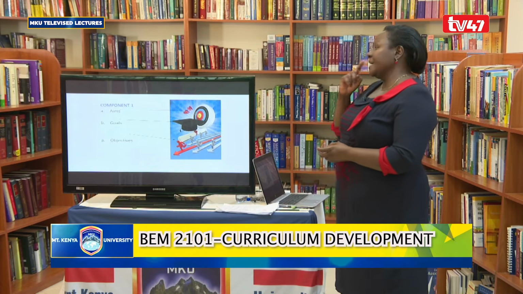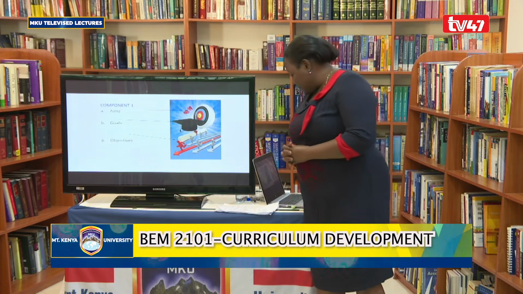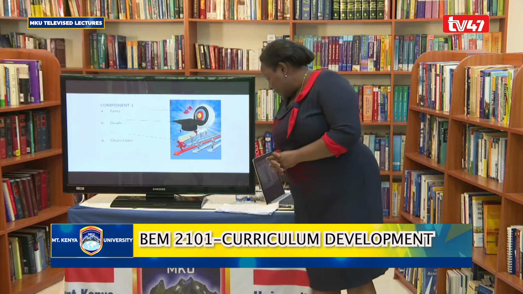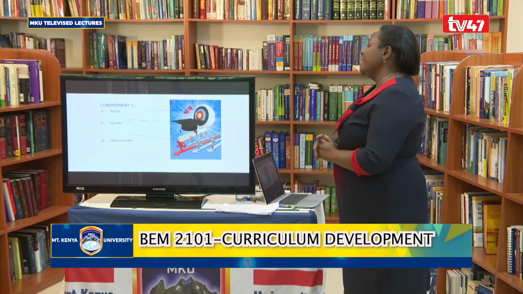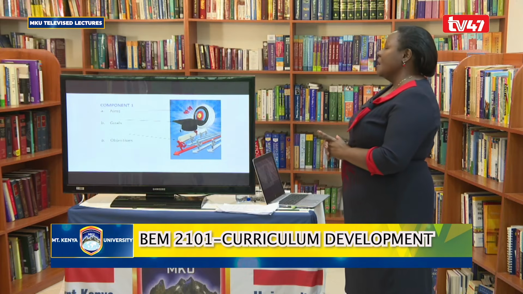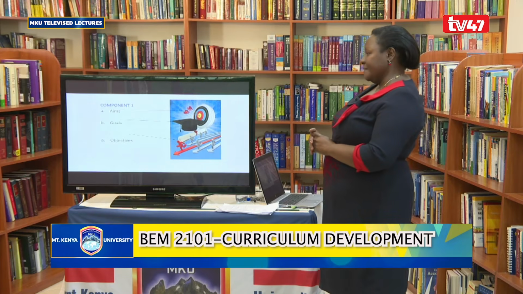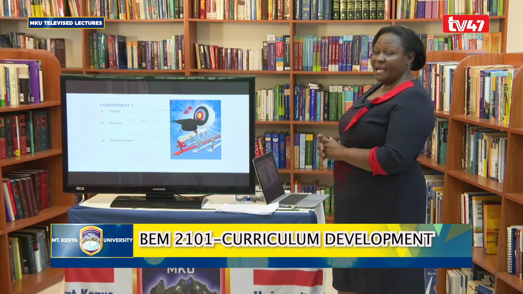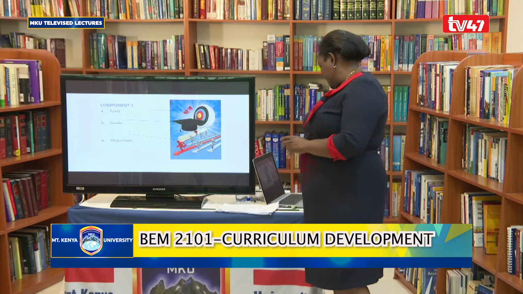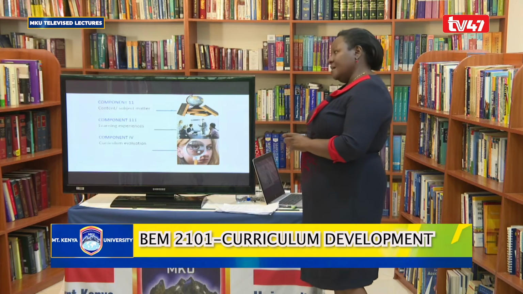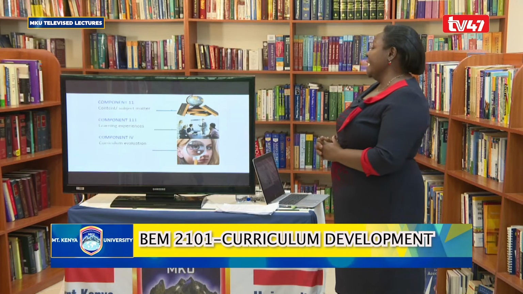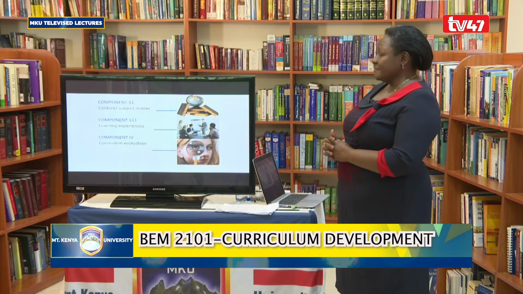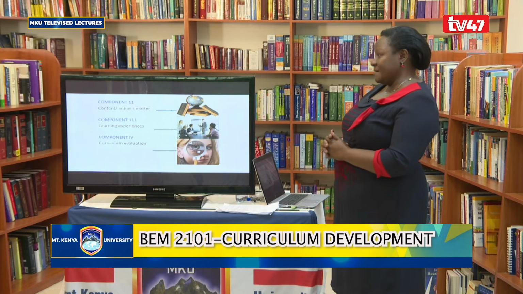Now let us look at the components of the curriculum. Component 1 includes aims, goals, and thirdly, we have the objectives. Component 2, on the other hand, we have the content or the subject matter.